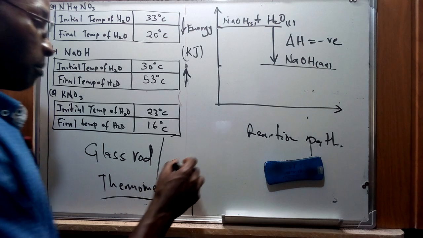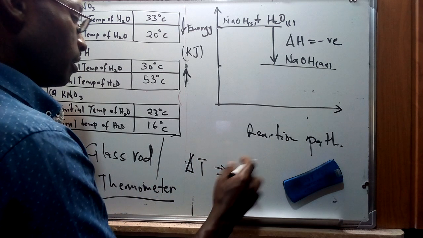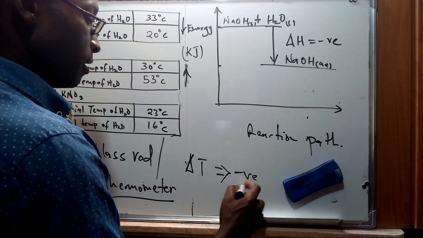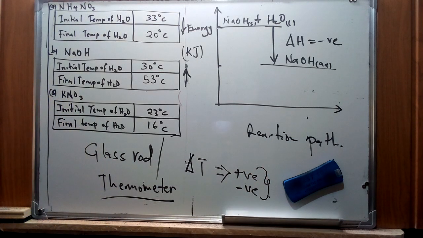Now the change in temperature is going to show whether it is positive or negative, and then we are going to determine whether the process is either exothermic or endothermic.